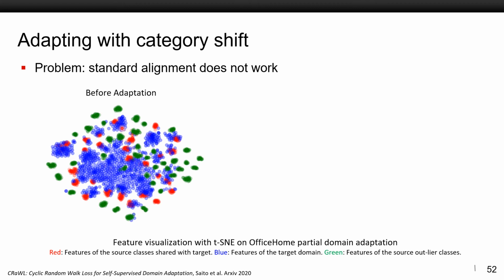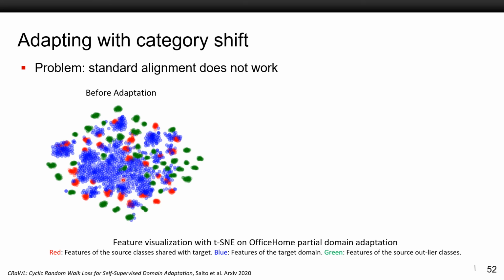But here I'm showing you a distribution of features. This is again a t-SNE visualization, and these are images from a data set called Office Home. And they come from 2 domains. So the red points are source features from source classes that are also shared with target.